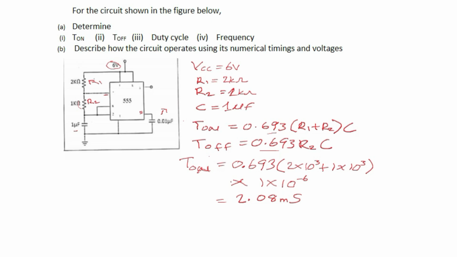We can also go and calculate our time off. Our time off from the above formula is 0.693 multiplied by R2 only. So we have 1 kilo multiplied by our C, which is 1 micro.